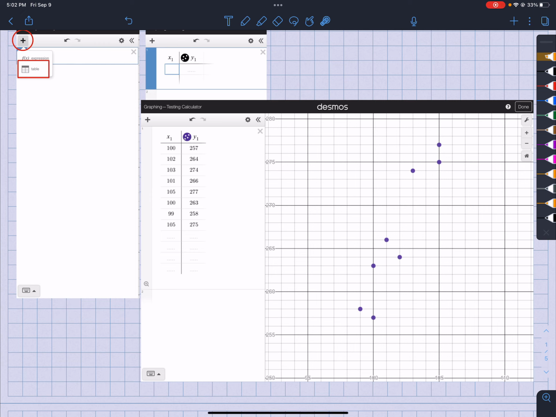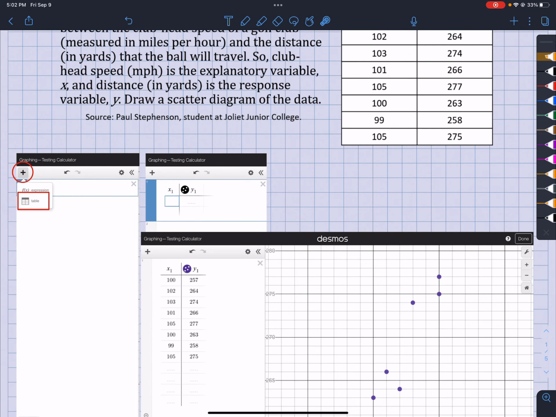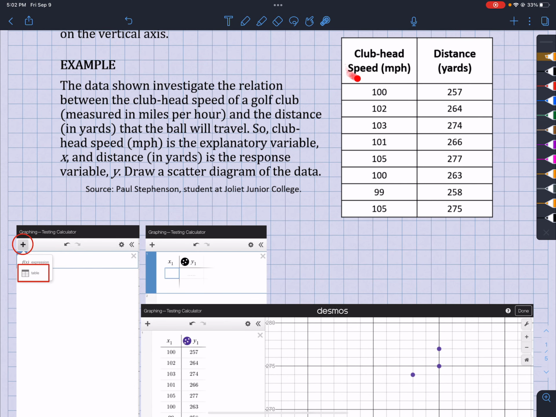In other words, we don't know exactly what's coming out from what we put in, which in nature is not necessarily the case. This is talking about club head speed in golf versus the distance of the ball. That is not necessarily going to be exact, because it all depends on how well we hit the ball.